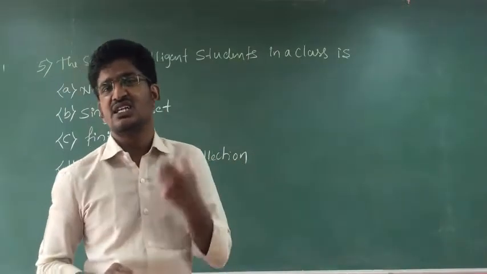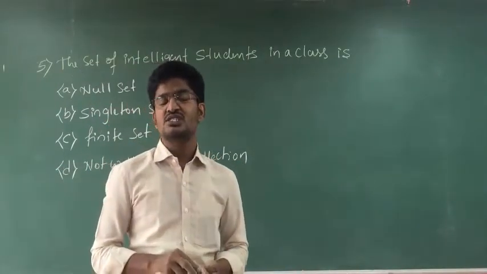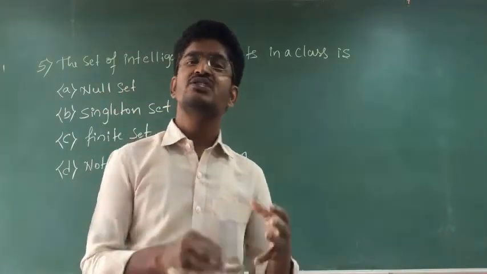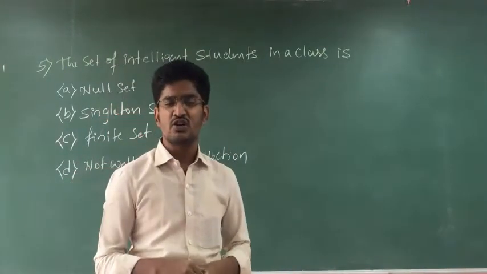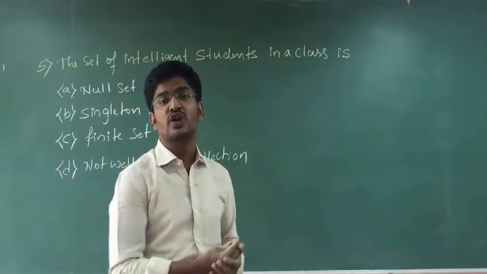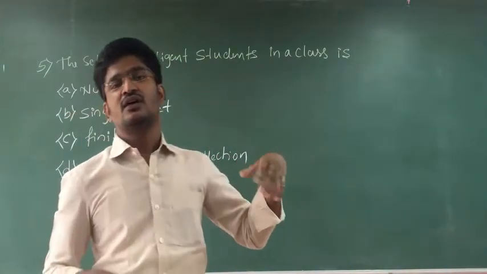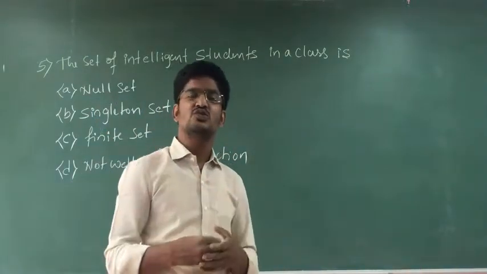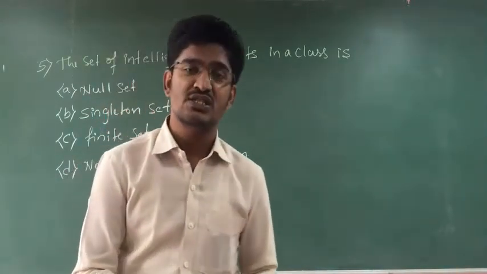Their intelligence doesn't work. In the same way, in every class, we can't measure the intelligence of students or collect the intelligent students in one set. You can collect the students who are getting more than 90 marks. You can collect the students who are getting less than 35 marks.